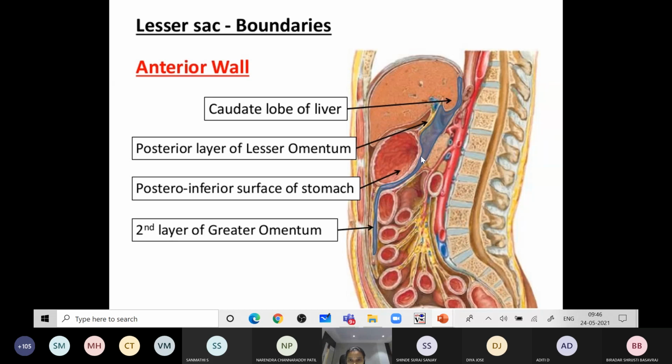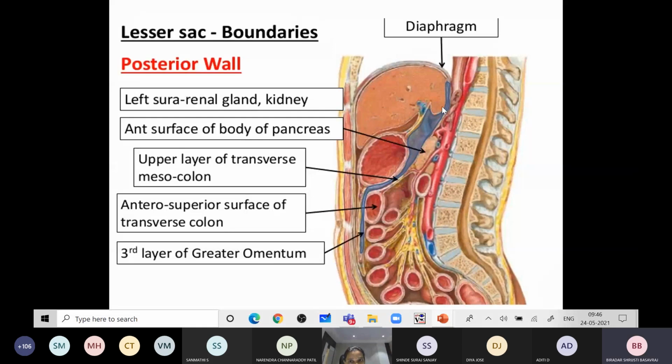You follow the cursor, then you will understand. Okay, are you getting it? Posterior wall, are you understanding? Yes, ma'am. Oh, very slowly you are telling yes, ma'am. Tell loudly.